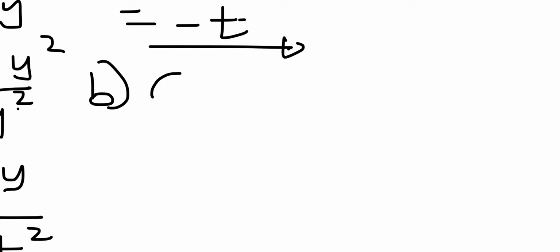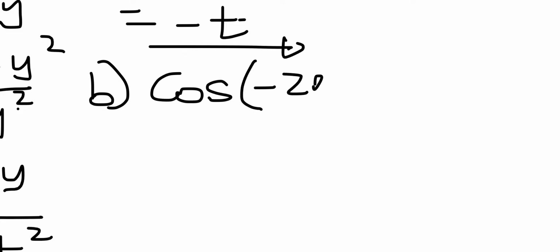So the second question, you are given cos of negative 200 degrees. So we have to reduce that angle, but before we reduce it, we will need to remember that this is now a negative angle. What did we say about negative angles? We said let's always assume them to be falling in the fourth quadrant.